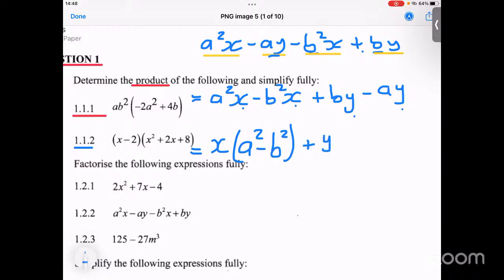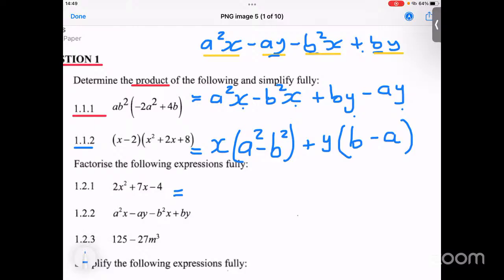You therefore have y into b minus a. Yes, b minus a. Okay, then it's fine. What else can be done?